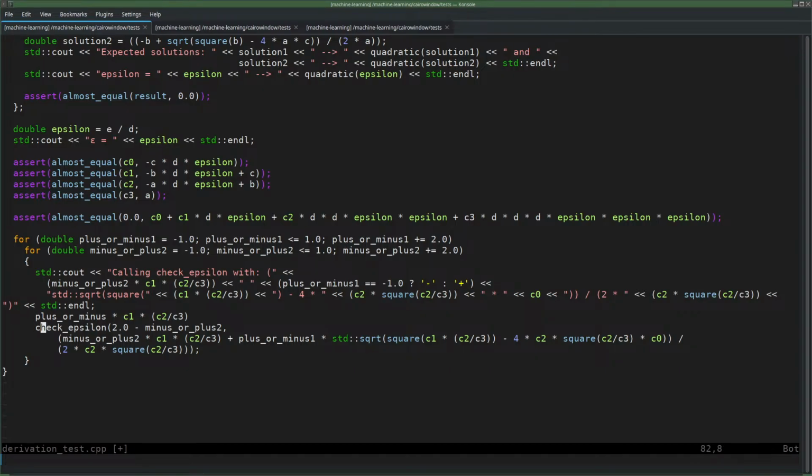Okay, what the plus or minus is, the minus or plus. Well, the plus or minus is actually this. 2 minus, the minus or plus. No, that would be the minus b.